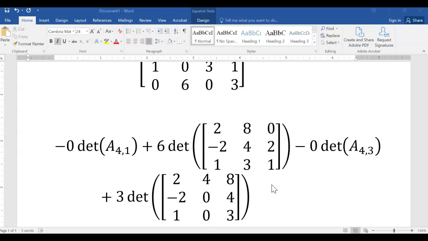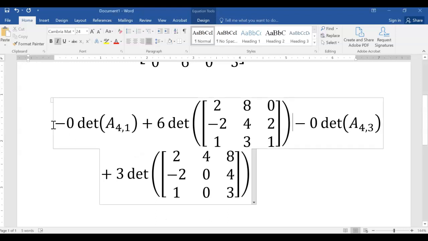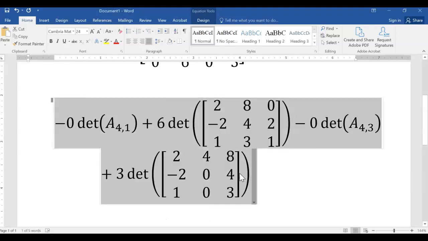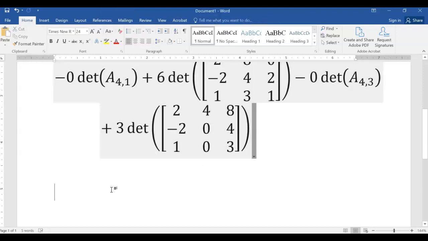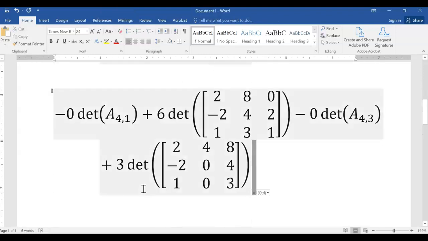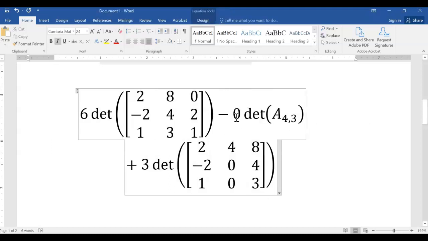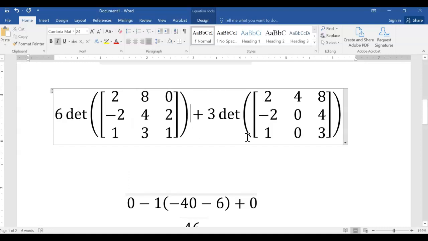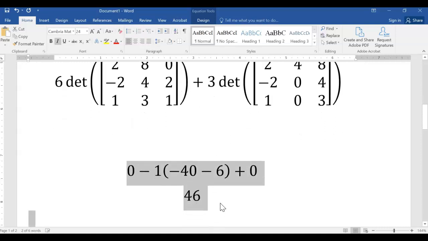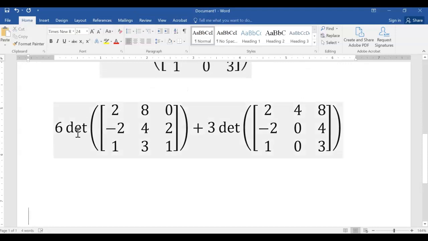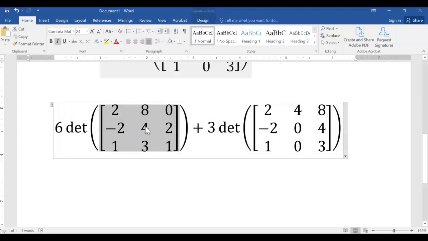Now, at this point, what we would normally do is take this whole thing and get rid of the parts which are 0. I know that part's going to be 0, and I know this part's going to be 0. And so we'll be left with this. And then what we would have to do is find the determinant of this matrix individually, and then find the determinant of that matrix individually as well.